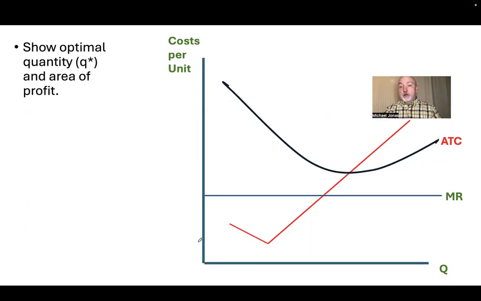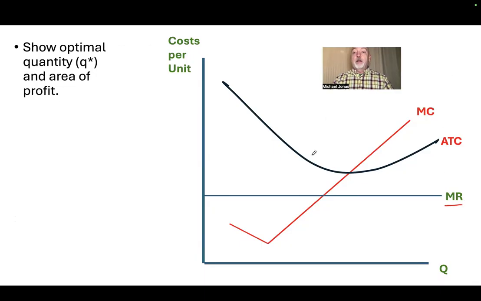So combining that marginal revenue, which is our price, which is our demand, with marginal cost and average total cost, well, as we saw, profit is negative everywhere, including at our optimal point. So the marginal revenue, the price is always going to be below our average total cost.